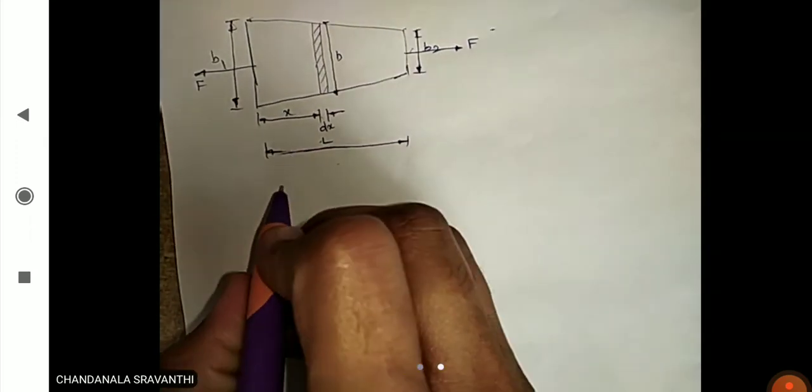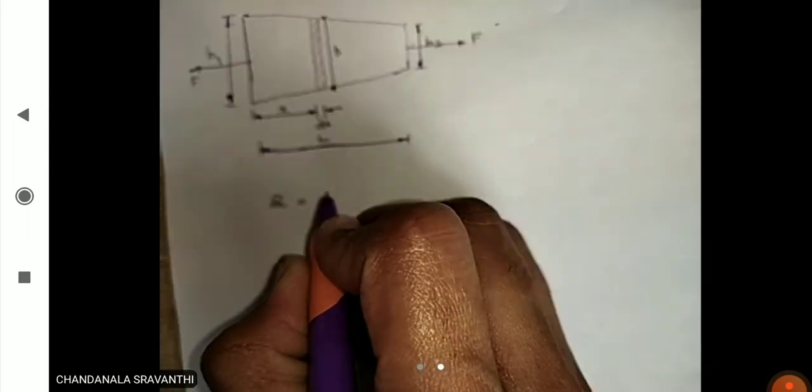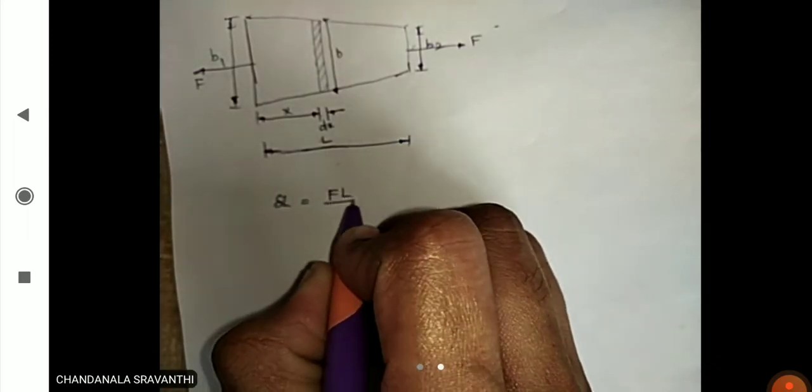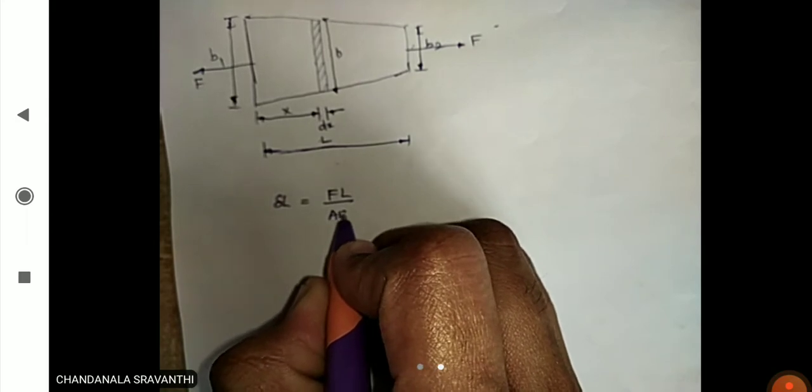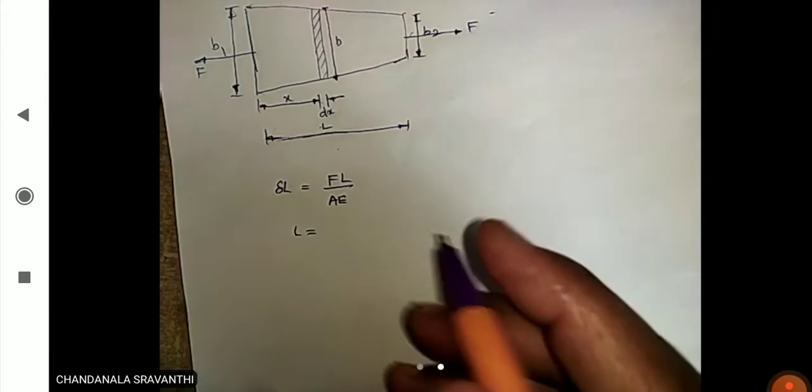But we know that the deformation, delta L, is equal to FL by A, right? But here, what is L? L is dx.